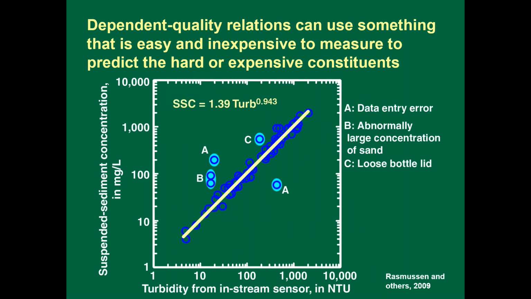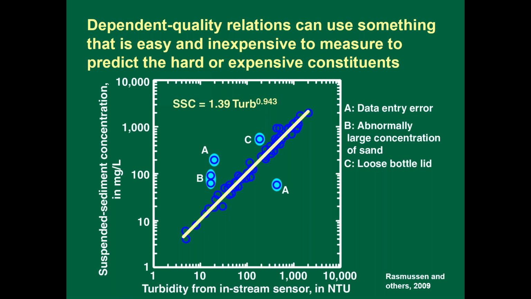Similarly, here's an in-stream example. The dependent quality relations can be used for something that's easy and inexpensive to measure to predict the hard or expensive constituents. In this case, we see suspended sediment in milligrams per liter on the vertical scale in a log scale from 1 to 10,000, and turbidity from an in-stream sensor, I forget what NTUs are, but that's from 1 to 10,000 on the horizontal scale.